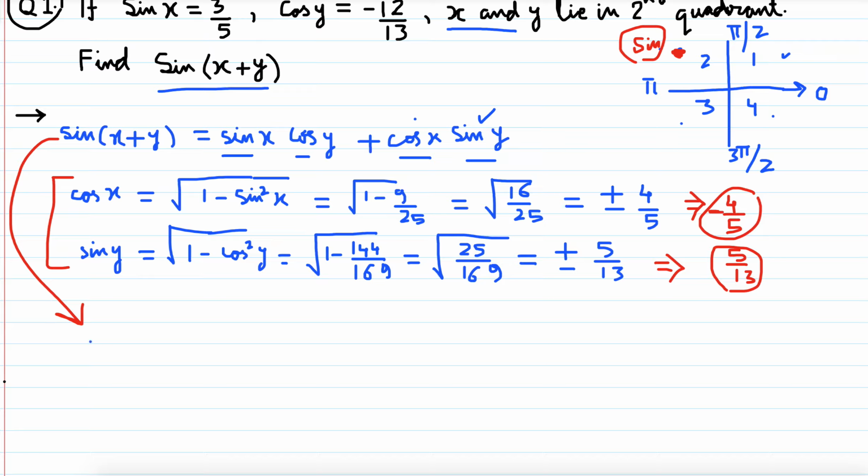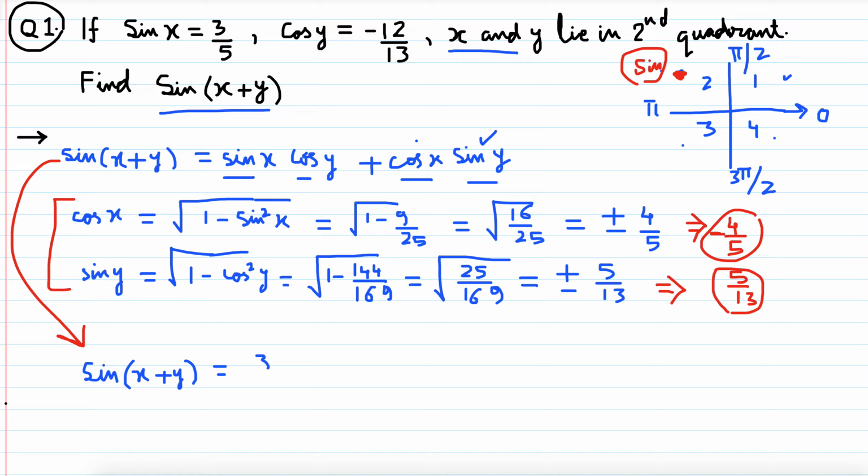So sin x plus y, now we have to just substitute the values. We have all the values. Sin x is 3 by 5, cos y is minus 12 by 13, next term is cos x sin y.